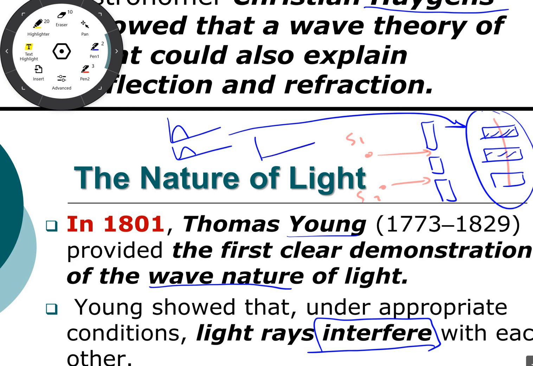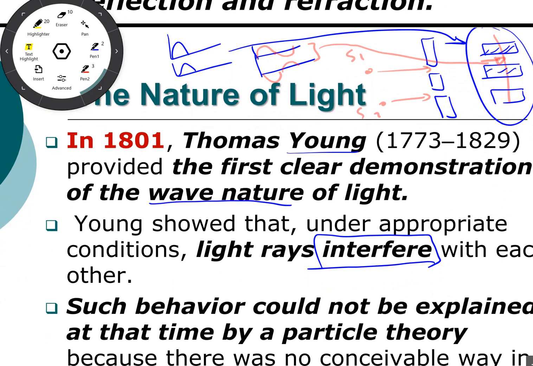But when the difference is a half integer like this, the interference between these two pulses will produce a dark area.